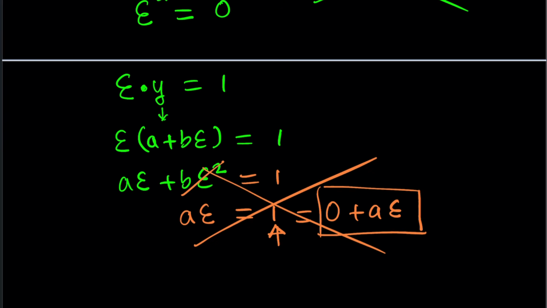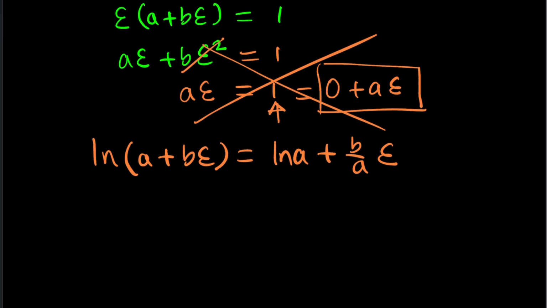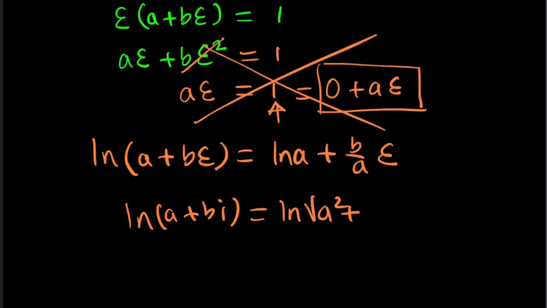Okay? So the third thing that I want to talk about is when you write the natural log, right? Remember we said that ln of a plus b epsilon can be written as ln a plus b over a epsilon. I think in that video, another thing was mentioned, like with the case of complex logarithms, you know how with complex logarithms of a complex number, we have the ln of the absolute value, and then we have the i times the theta, but we also add something like 2 pi ni, right?